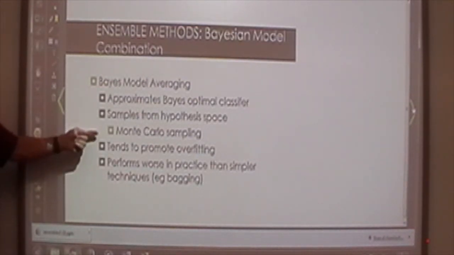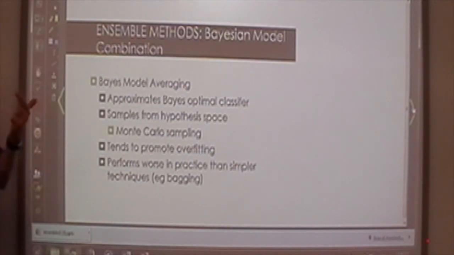The most common is probably Monte Carlo sampling, which is just random number sampling, your most basic type of random sampling. You mean with replacement? Yeah, you could do it with replacement. There are other kinds of sampling one can do, but I'm not going to concentrate on that.